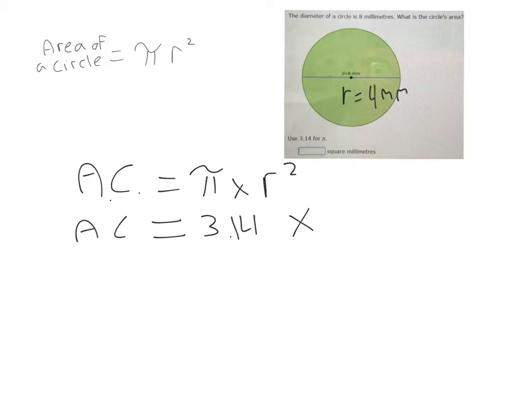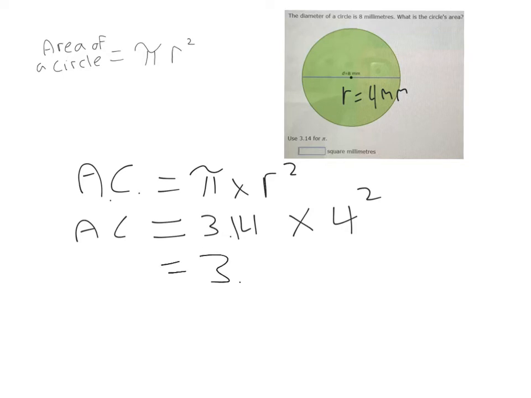Our radius is 4, and then we have to put in the squared, like in the formula. Think back to order of operations. BEDMAS: brackets, no. Exponents, yes. So we always have to do the exponents before we go on to the multiplication. So 4 squared, 4 times 4 is 16.